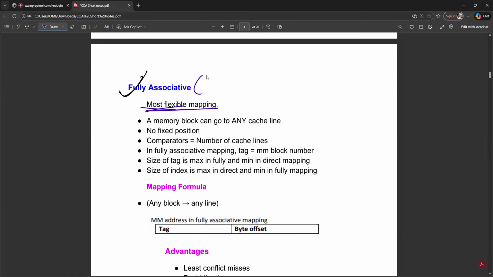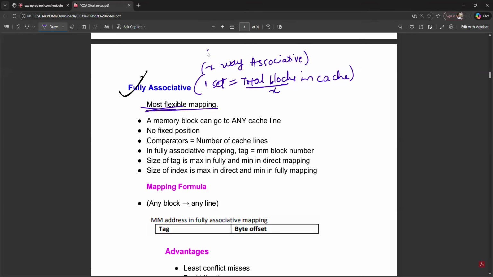The other name is that one set equals the total blocks in the cache. So if total blocks are x, it is x-way associative, and there is only one set.